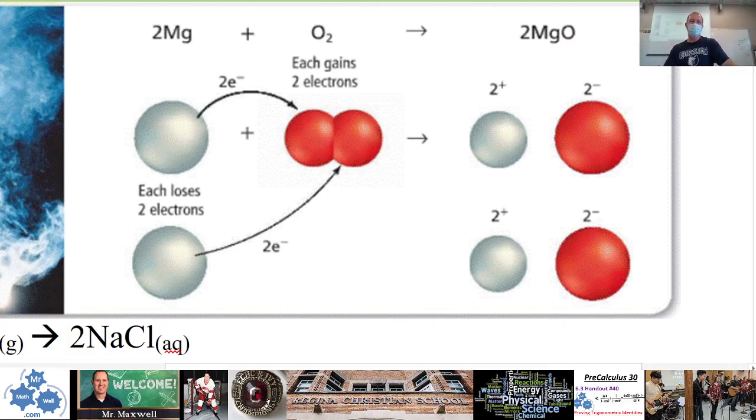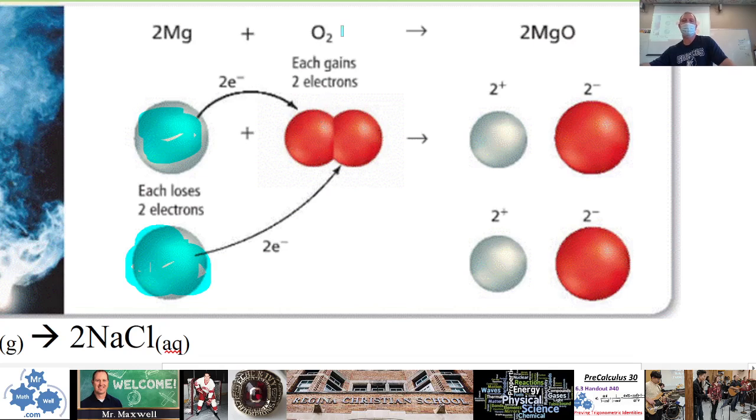The balanced equation would be 2Mg plus O2 produces 2MgO. If we have two magnesium atoms, like you see right here, those are neutral atoms. Same number of protons and electrons, they are neutral. What happens, though, is when magnesium combines with oxygen, electrons are transferred.